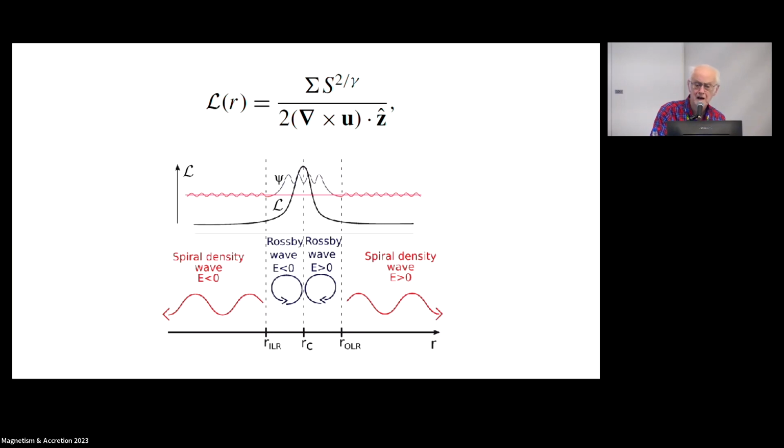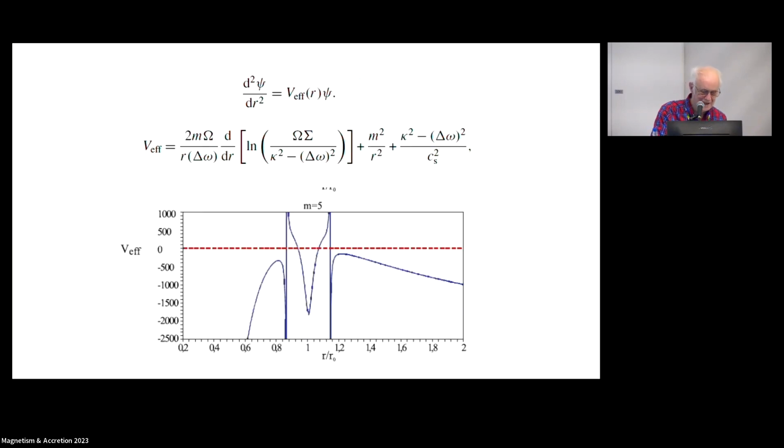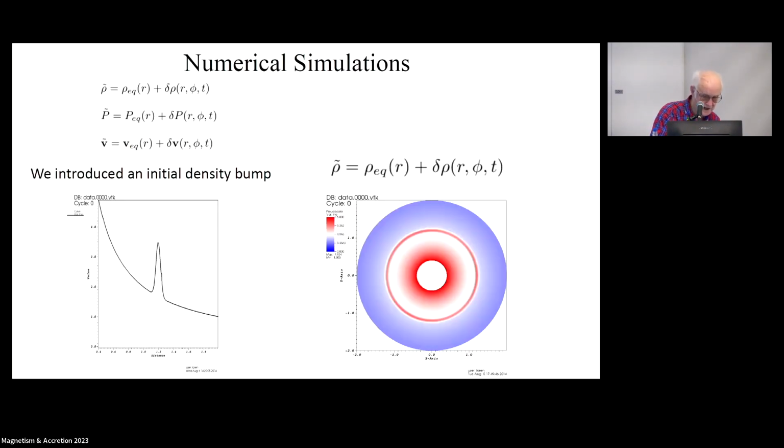And so this analytic theory, showing in more detail the Schrodinger equation and the effective potential, a lot of details, but there's evidently a region where the wave can be trapped. And the condition for trapping then gives you the growth rate of the instability.